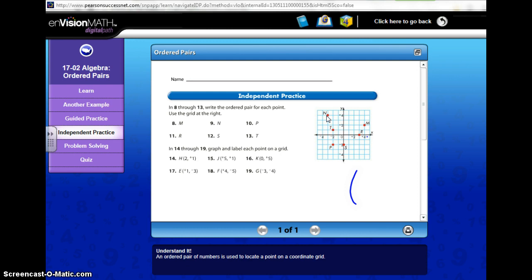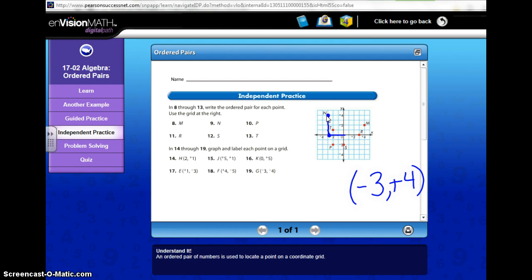Uh-oh. -4 would bring me right here. Kiara? (-3, +4). Natasha? -3 is right here, and then up 4. This is +4. See what you did wrong? Yes or no? Natasha, are you okay? Okay.